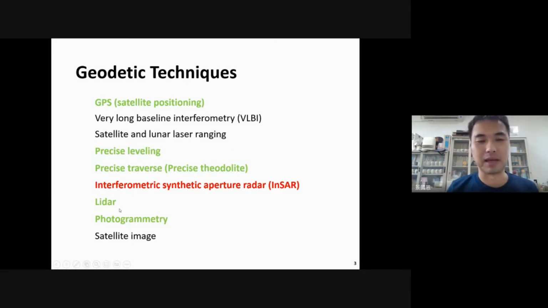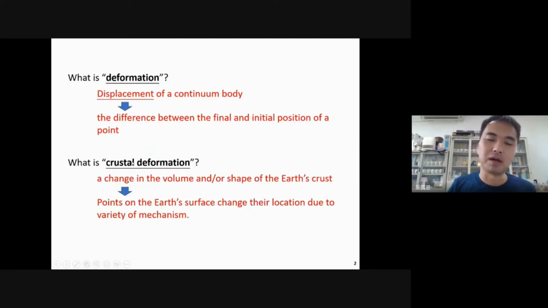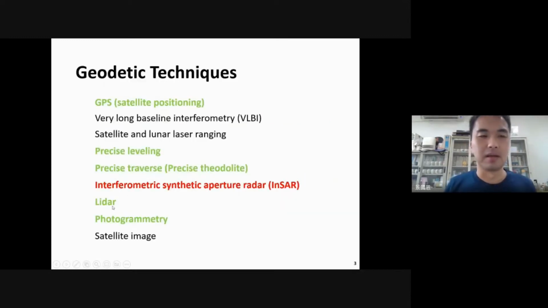But I would like to say, usually I don't use LiDAR. The reason is very simple, as I mentioned earlier. If we want to identify crustal deformation or surface deformation, we always need to understand the motion of a specific point. However, the information provided by LiDAR is a random point cloud, so the position is random.